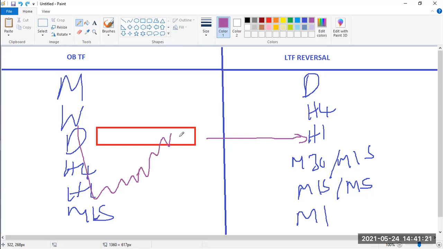Do not sell. Because they can violate the order block and continue to go high. So what you want to see here is a type 1 or type 2 reversal there. That's how you know the order block is working. So let's go to the charts.